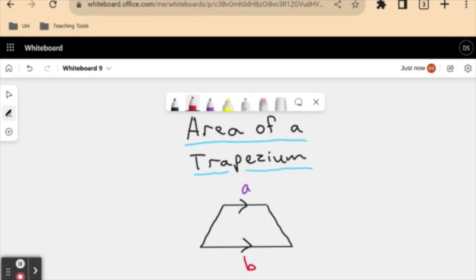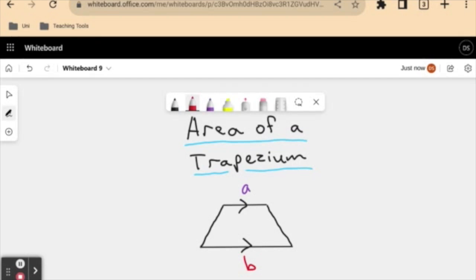Now, what if we were to, say, duplicate this trapezium?